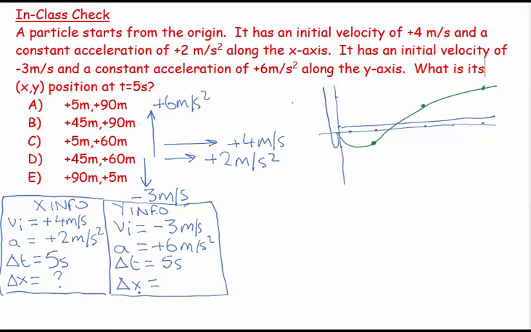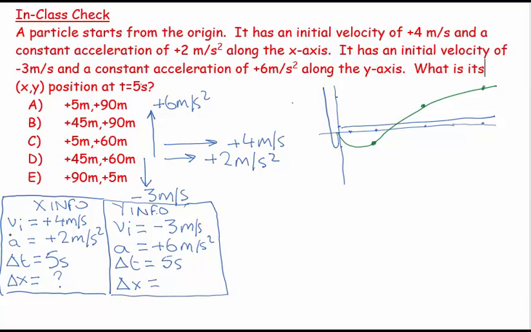If you want to call it delta Y, so there's less chance of confusion, you can. Frankly, I don't use subscripts particularly. I won't, as a rule, say VIX and VIY, or AX and AY, unless there's a good reason to. I'll just keep my columns distinct.